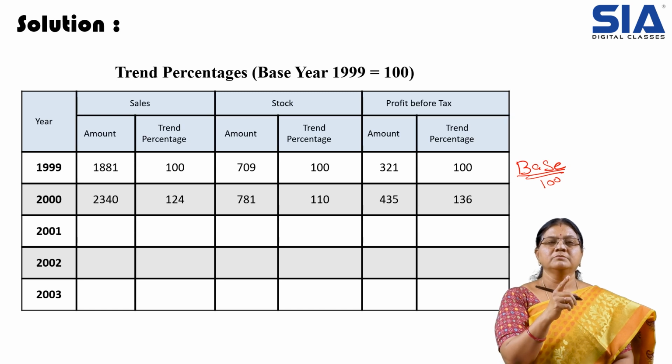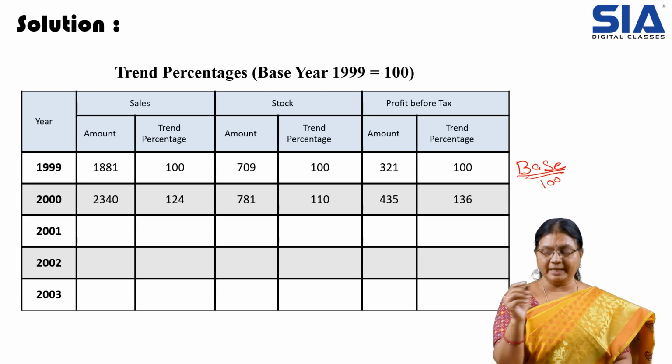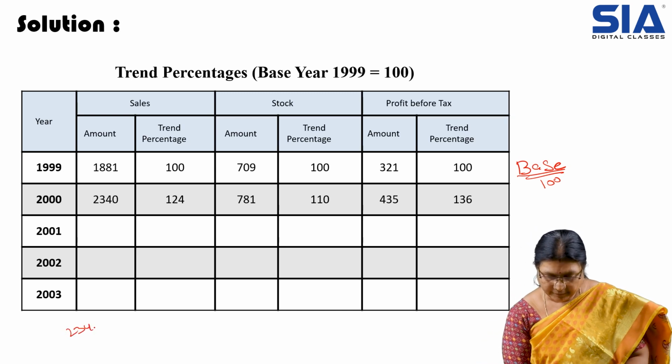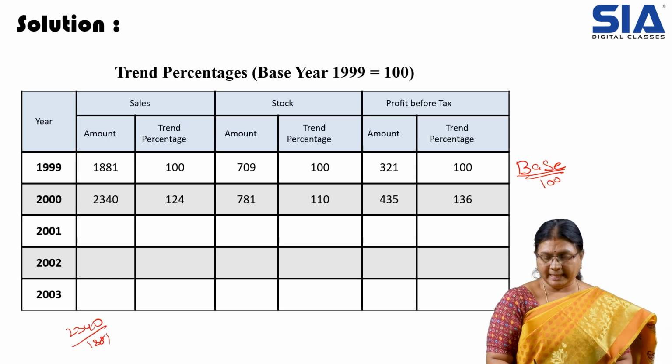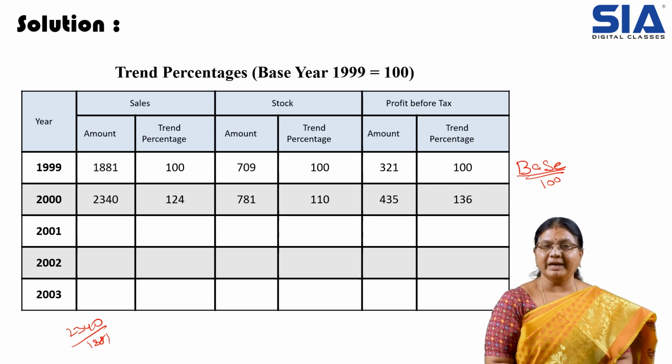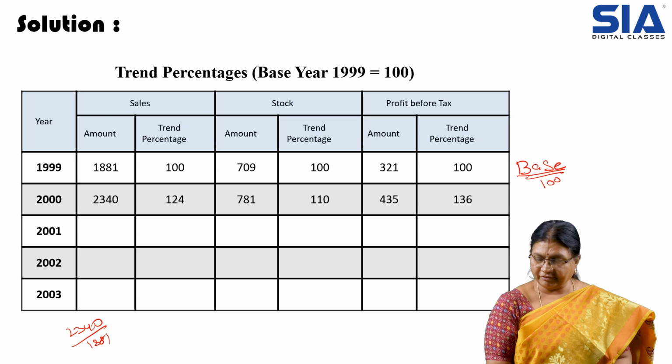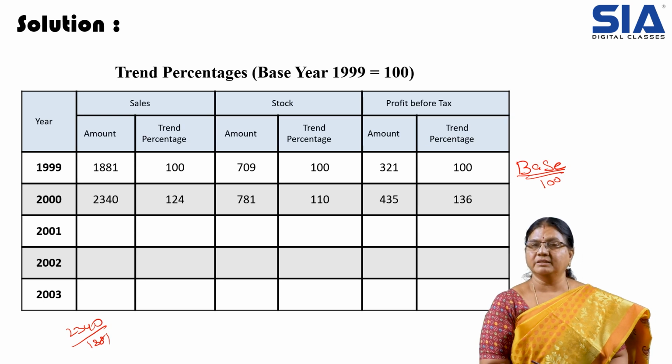Then 2000. When I calculated, 2340 by 1881 is showing as 124%. In the same way, 781 divided by 709 is 110%, and 435 divided by 321 is 136.